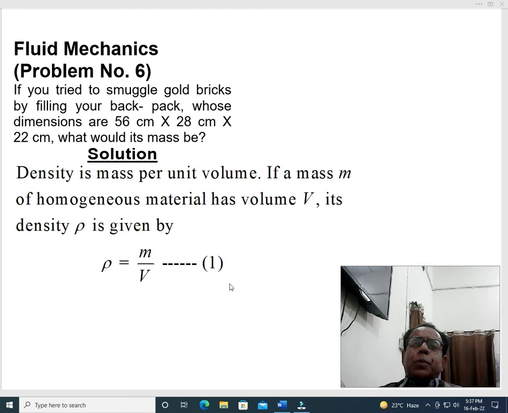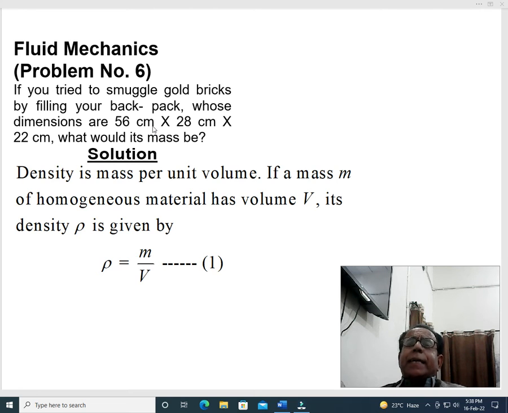Very easy problem. Okay, dear students, while calculating volume, length, width and height, all the three parameters are given in centimeter, and because we follow MKS system, first we will convert these three quantities into meter.